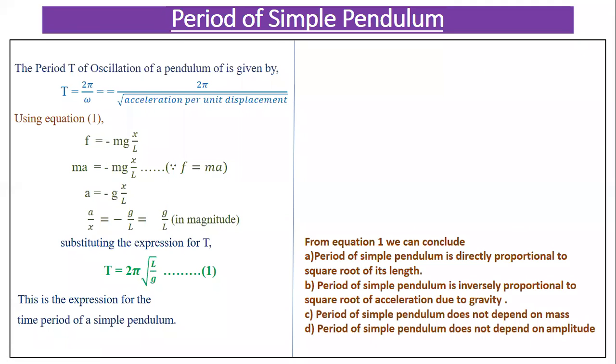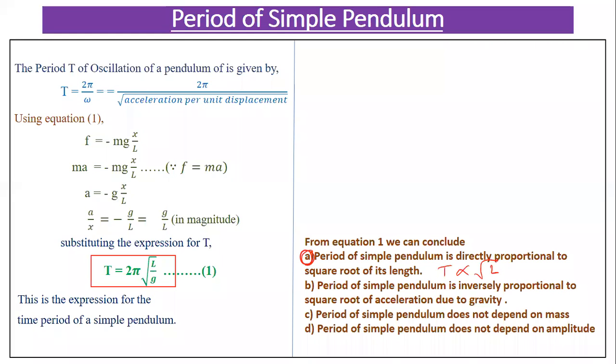Now, from this period of a simple pendulum, we can conclude the following things. The first one is that the period of a simple pendulum is directly proportional to the square root of length. So the first conclusion is T proportional to square root of capital L. Means period depends on length, directly on the square root of length.